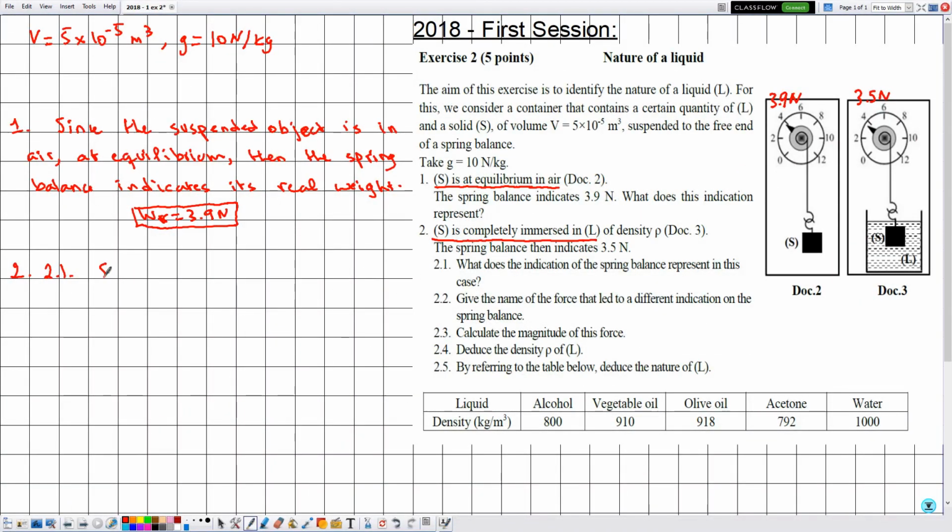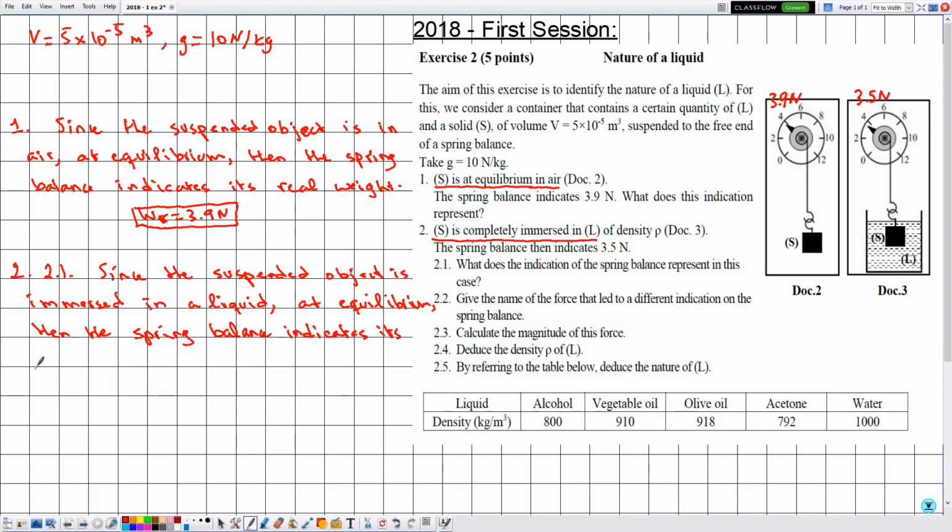Then let's say, since the suspended object is immersed in a liquid at equilibrium, then the spring balance indicates its apparent weight.